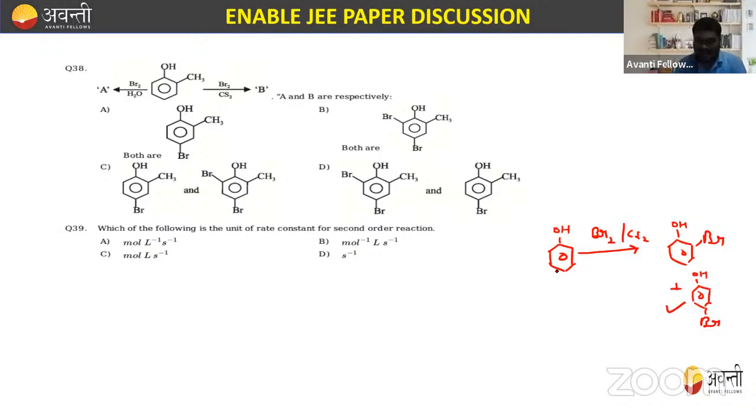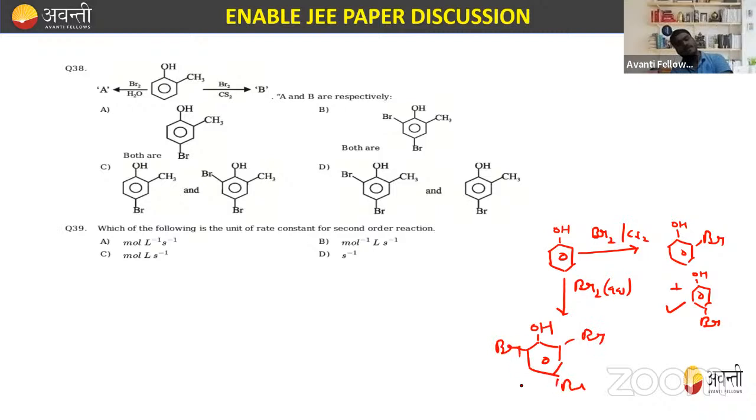And when we treat phenol with aqueous Br2, we get 2,4,6-tribromophenol, with one Br, one Br, and one Br.